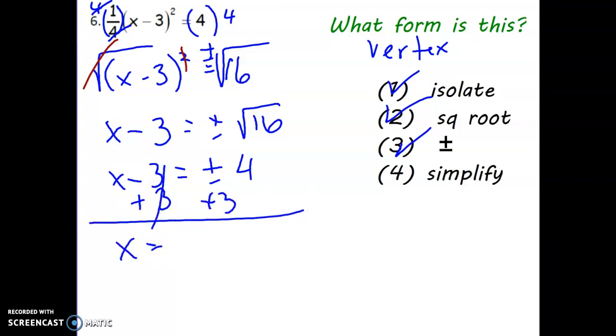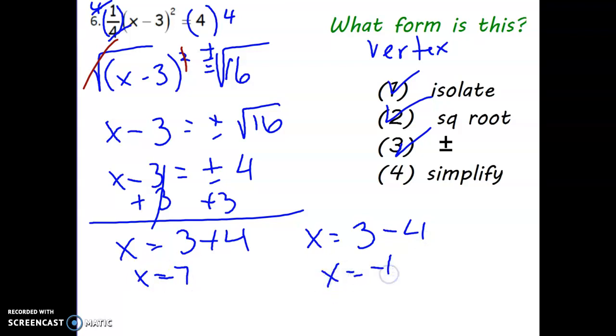All right, so this might look a little bit tricky. I'm going to end up setting up 2 separate equations. I'm going to have 3 plus 4, because I've got this plus right here. And then totally separately from that, I've got 3 minus 4. So I'm going to end up with 2 answers. x is equal to 7 and x is equal to negative 1.